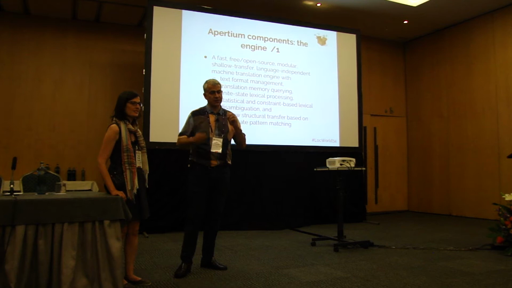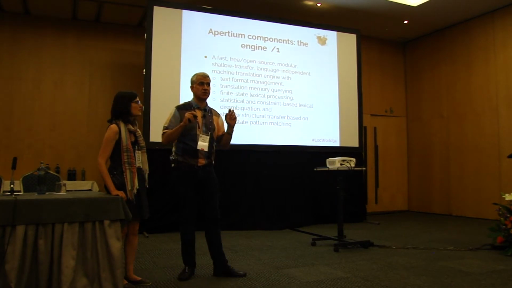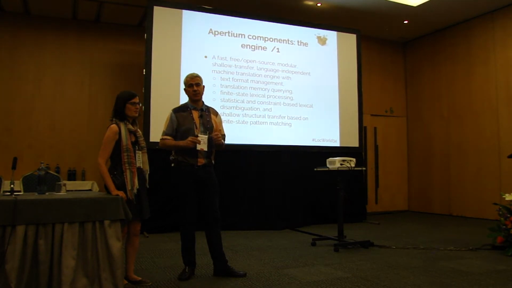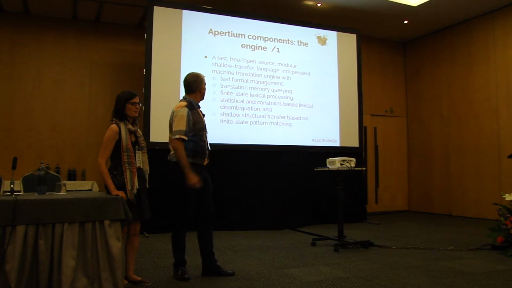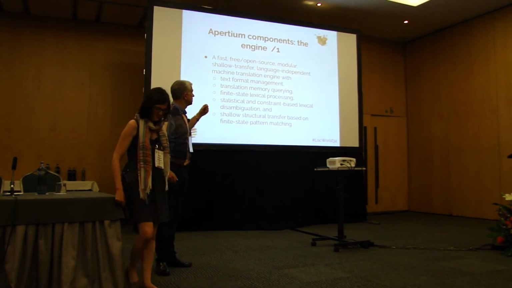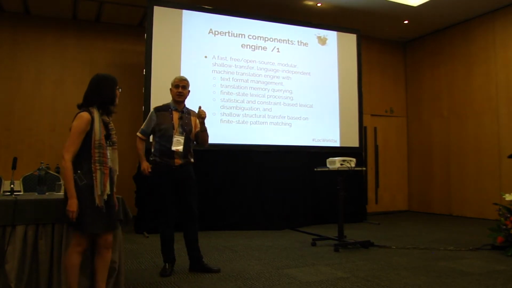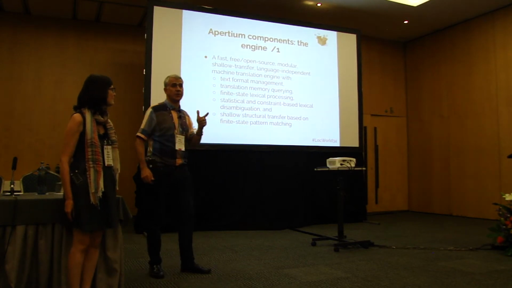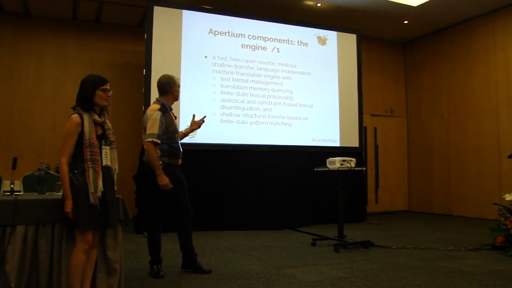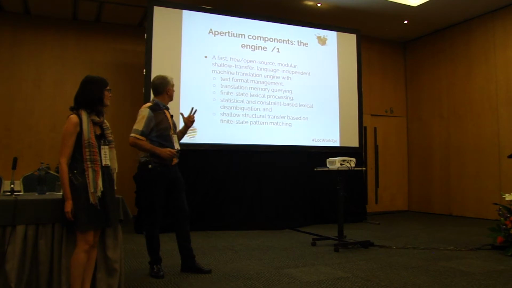Apertium is what people call a rule-based machine translation system, or also people like to call it knowledge-based. And it's a very fast engine. It's free open source, the licensing, I'll discuss this in a minute. It's a modular engine.